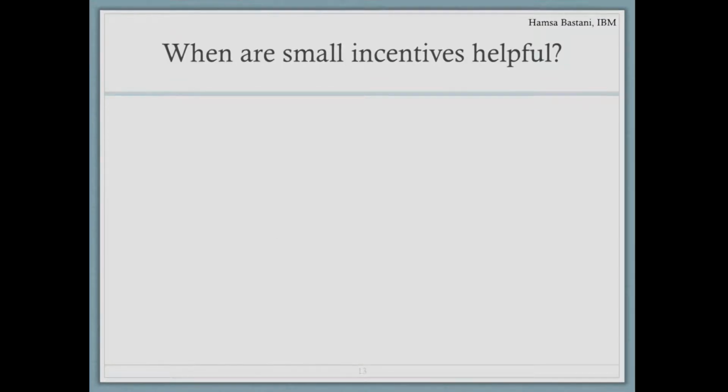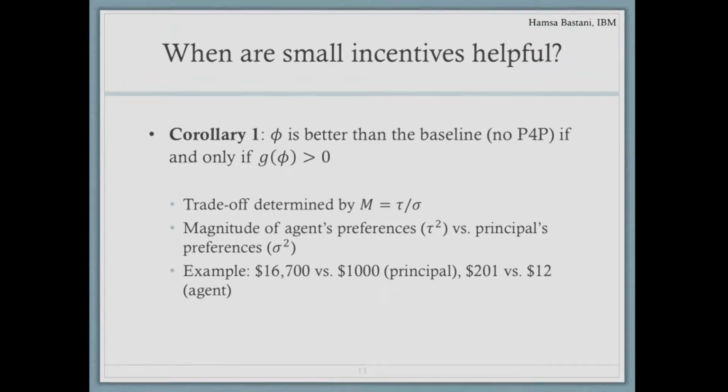So this immediately gives us a corollary about when we should even have this kind of pay-for-performance program. It turns out that it's better to have a policy than to not have a policy when M, which is the ratio between tau and sigma, is small. So what's tau and what's sigma? Tau is the variance or the magnitude of the agent's preferences.